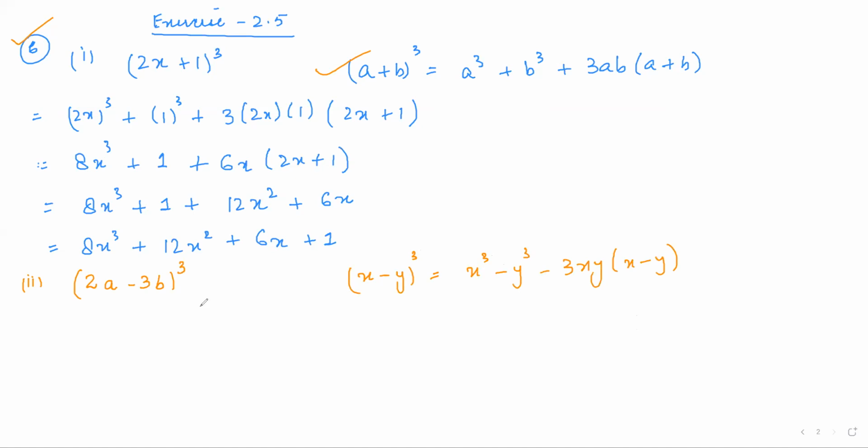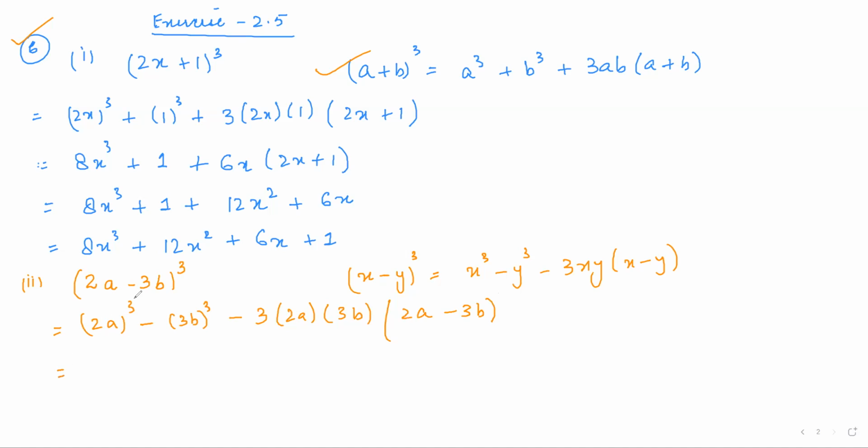So x is actually 2a and y is 3b. So this becomes x cube, that means 2a whole cube, minus y cube, so minus 3b whole cube, minus 3xy, 3 into 2a into 3b into x minus y. So 2a minus 3b. Adil, is this okay? Yes. Okay, so now you multiply.